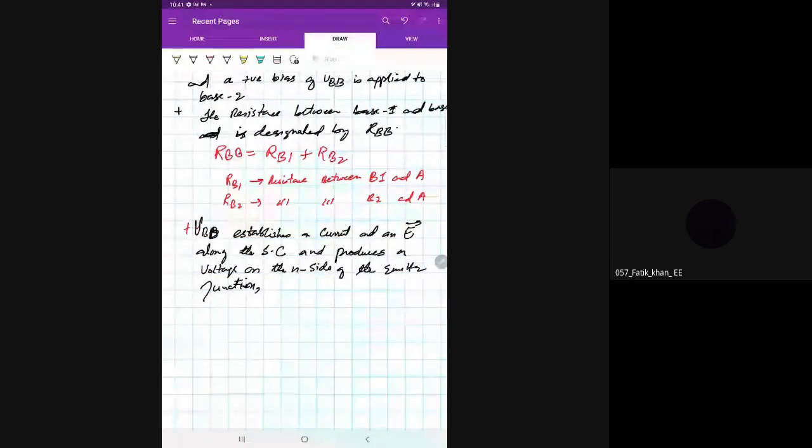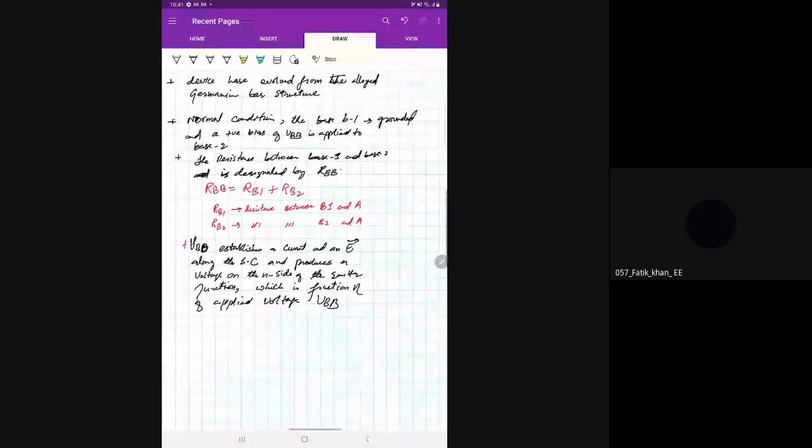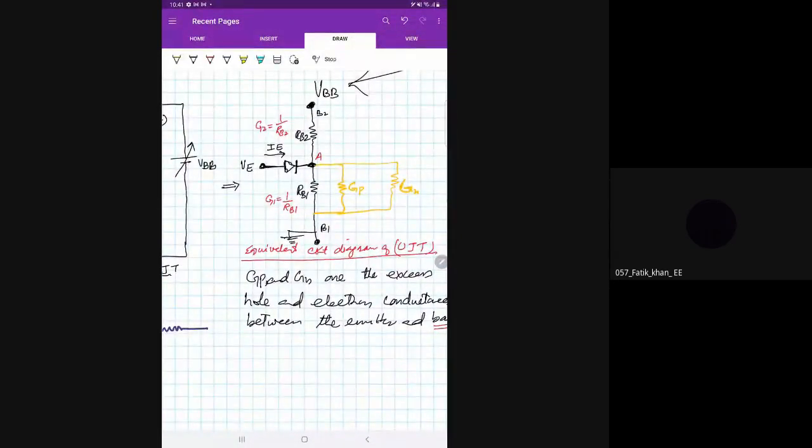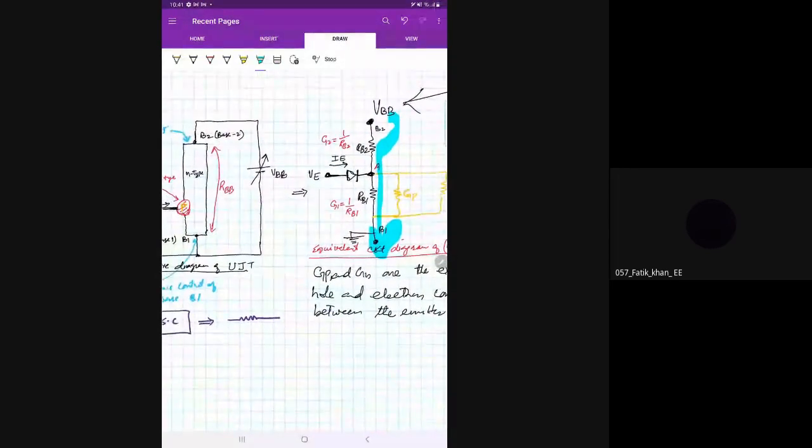Which is a fraction neta of the applied voltage VBB. Now see, what is the job of VBB? Here, VBB establishes the current in the semiconductor bar. What is the semiconductor bar? It is n-type semiconductor.